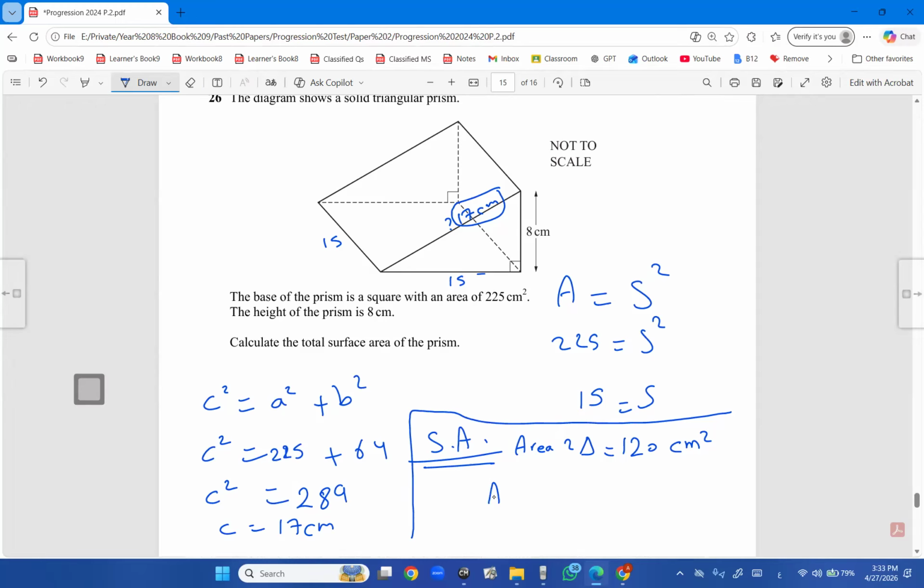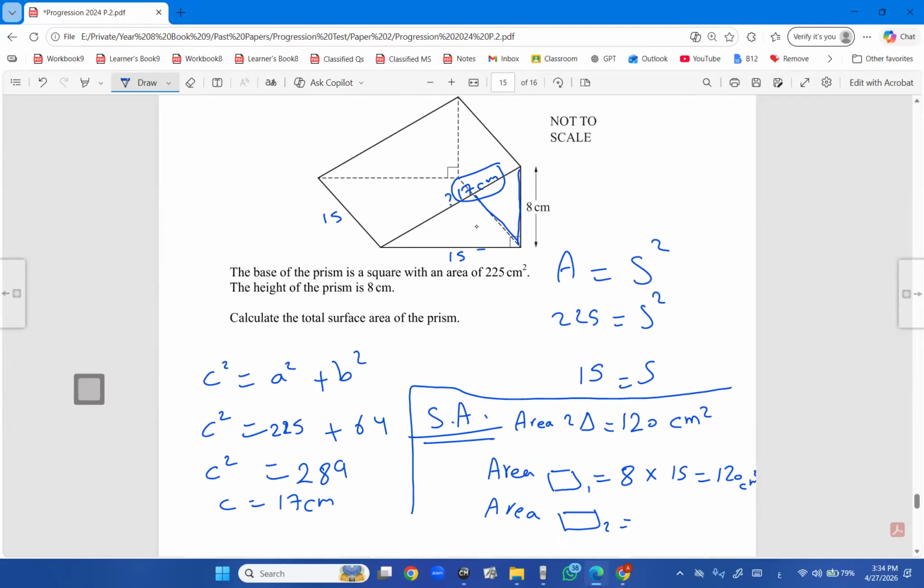Then area of one rectangle, let's call it rectangle 1, which can be this one over here, 8 times 15. What is 8 times 15 going to be equal to? 8 times 15, which is equal to 120 centimeters squared. Again, yes, area of rectangle 2 equals what?